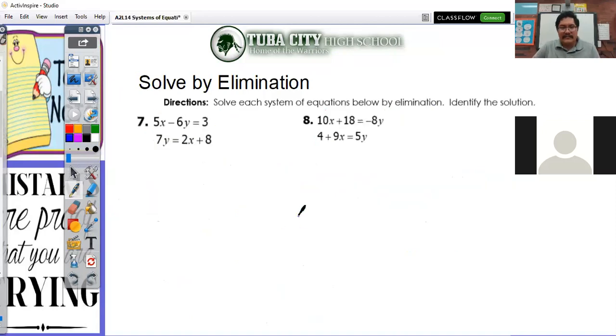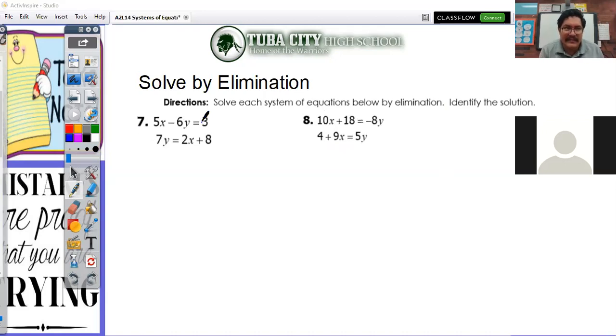Okay, looks like we got a few more. All right, let's go ahead and, okay. So remember the steps that they gave us in the beginning.